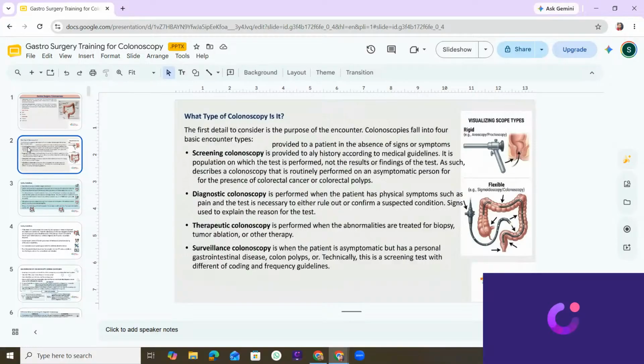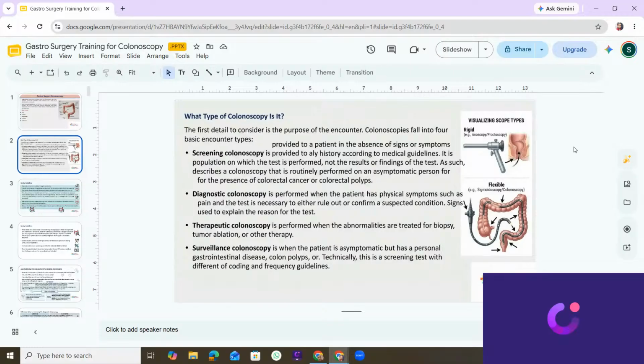So the next question is, what type of scopy is it? You will see the visualizing scope types. A rigid scope is given here: anoscopy, proctoscopy. You will see all these types of scopes. Flexibles are seen here; examples are sigmoidoscopy and colonoscopy.